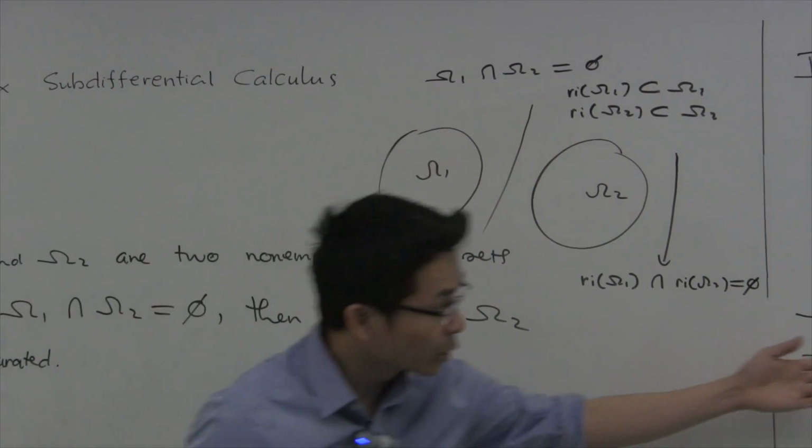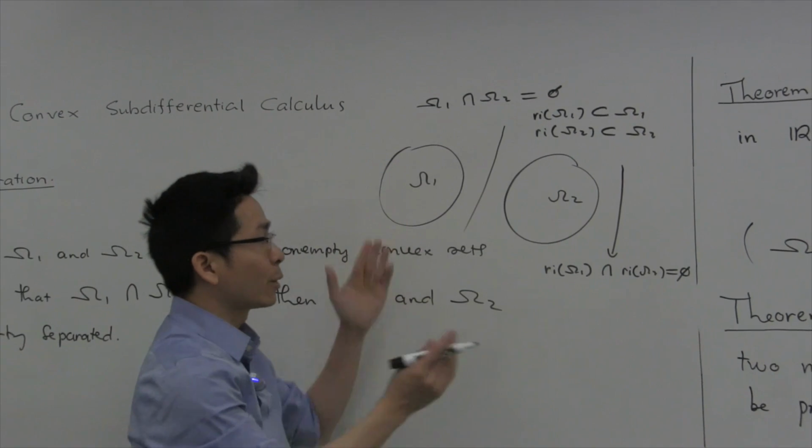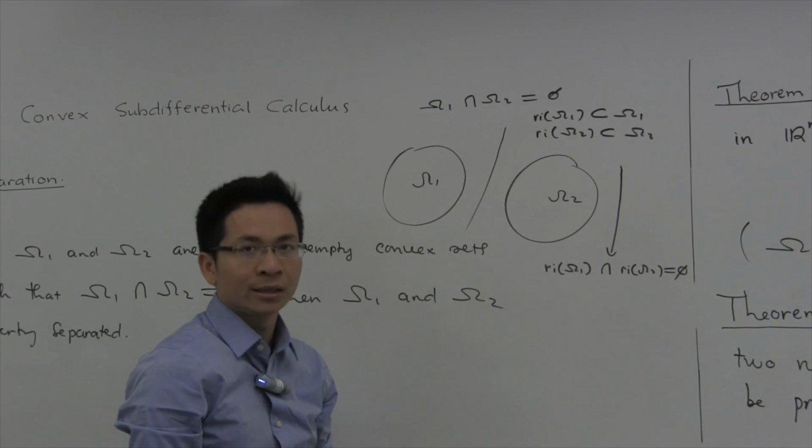And by this theorem, we see that omega 1 and omega 2 can be properly separated.